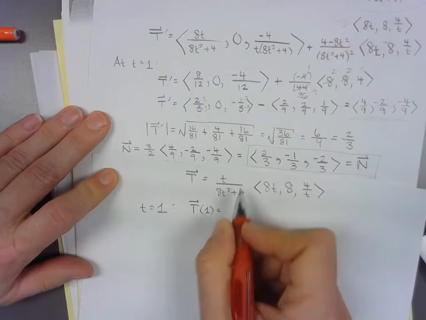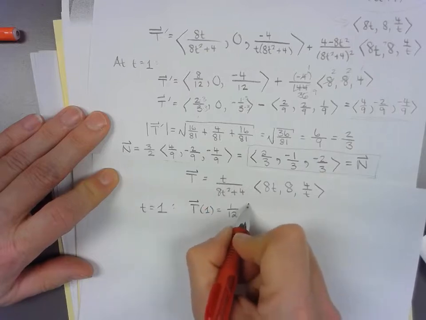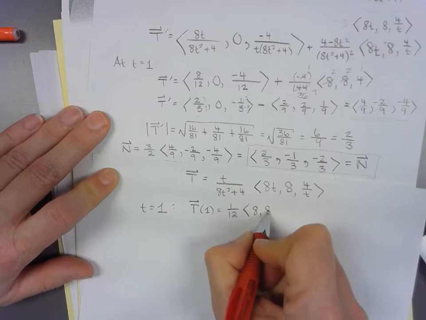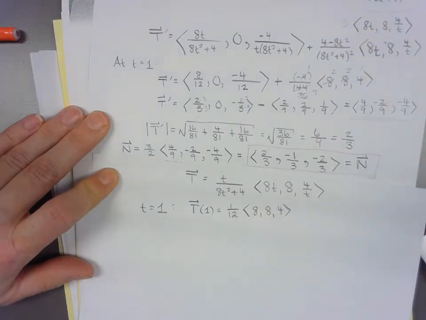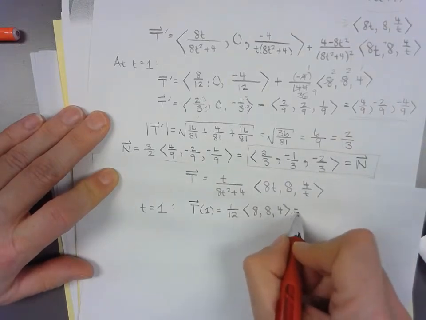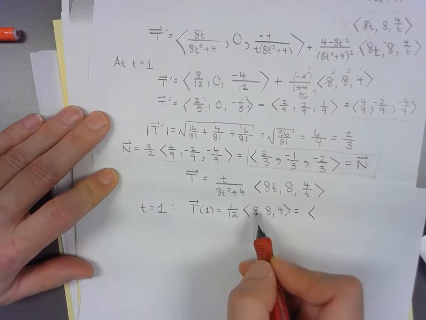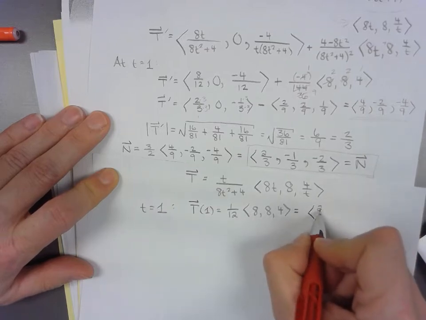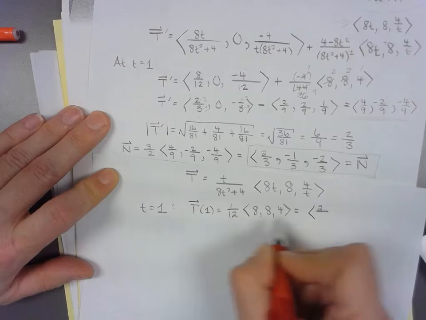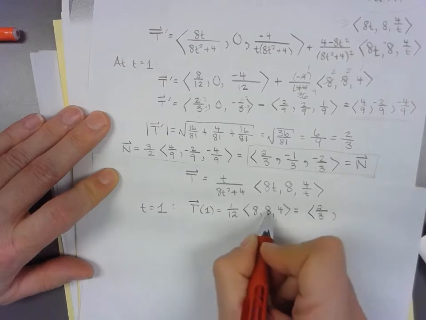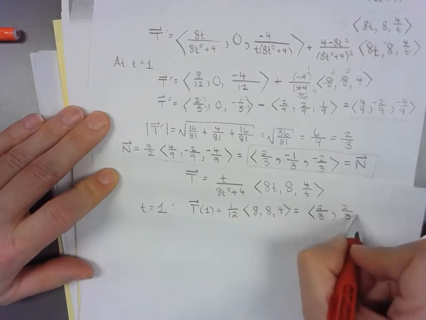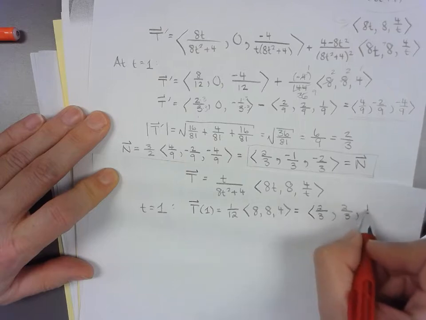So it'd be 1/12 times 8, 8, 4. Well, 4 goes into everything. 4 goes into 8 twice, and 12 3 times. 4 once, 12 3 times.